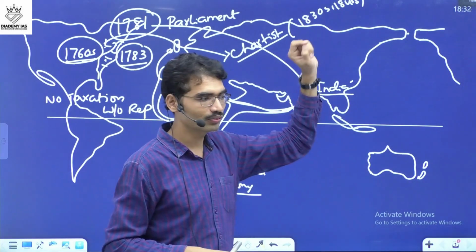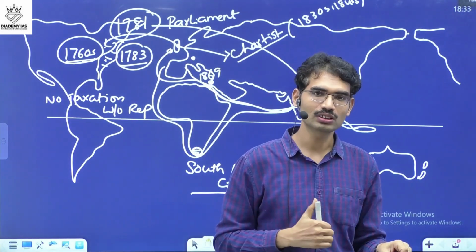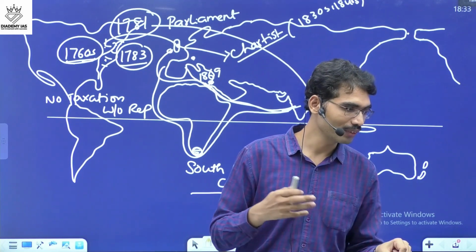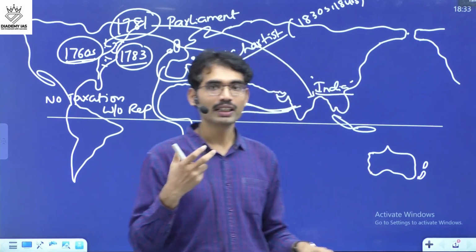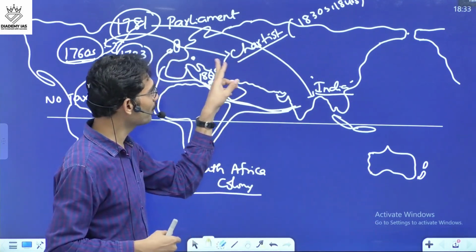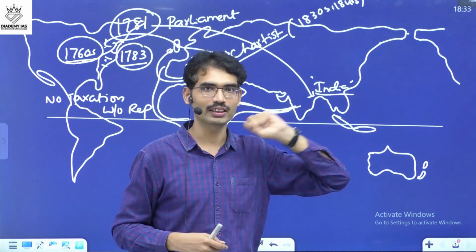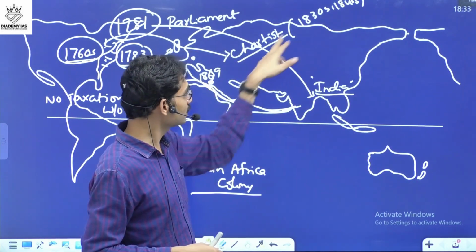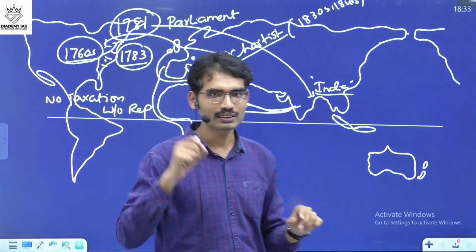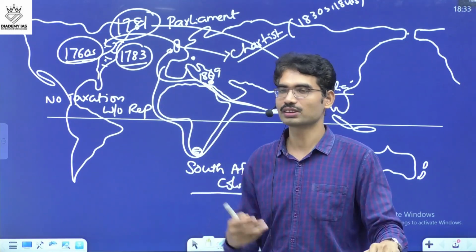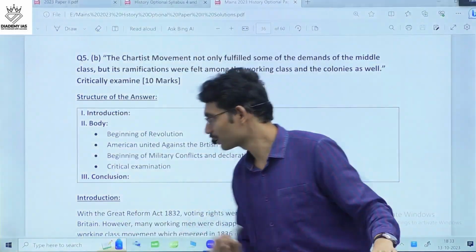In the 1830s and 40s, once again, revolution takes place: the European revolutions of 1830 and the European revolutions of 1848. This influenced English people also. Under these circumstances, the Chartist movement emerged, and related to that, this particular question was asked.